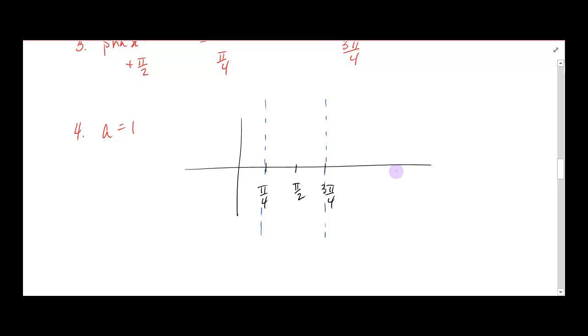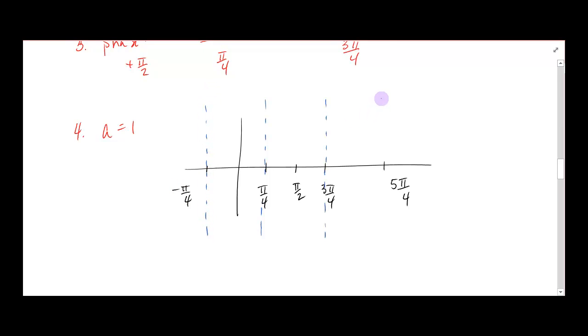If I move in this direction, moving to the right, 3 pi over 4 plus 1/2 would be 5 pi over 4. And pi over 4 in the opposite direction, in other words minus 1/2, would be negative pi over 4.